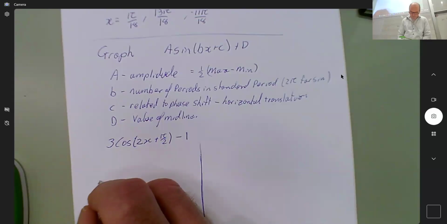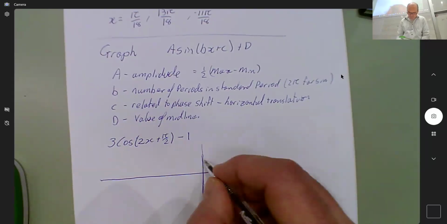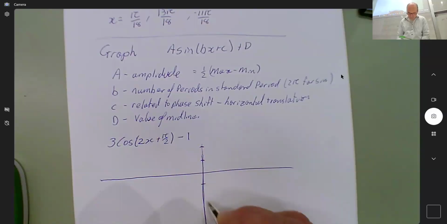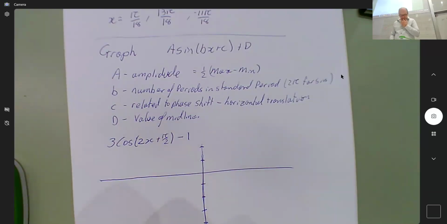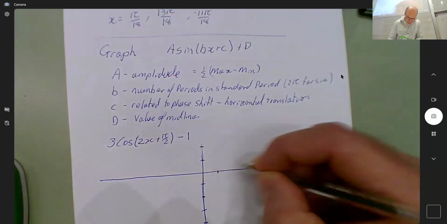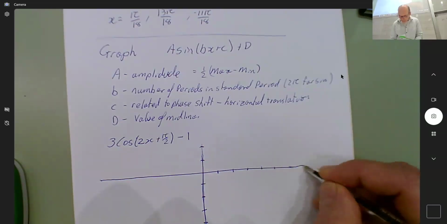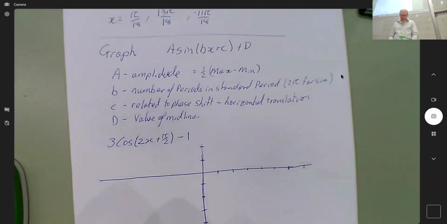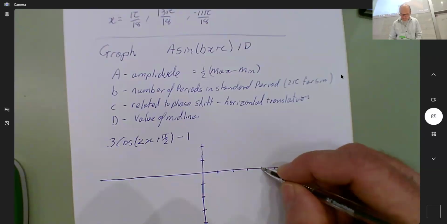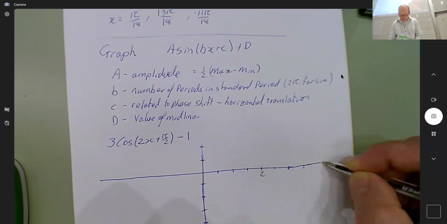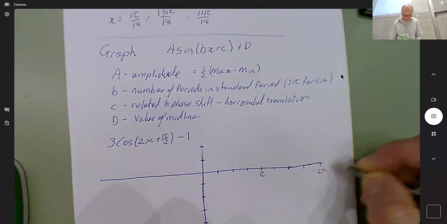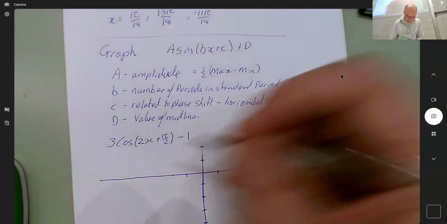So my plan is to set up the axes. How far do I want to go, do you reckon? If I make that pi, and then I go another one, I can go 2 pi, and then I can go out a little bit this way.